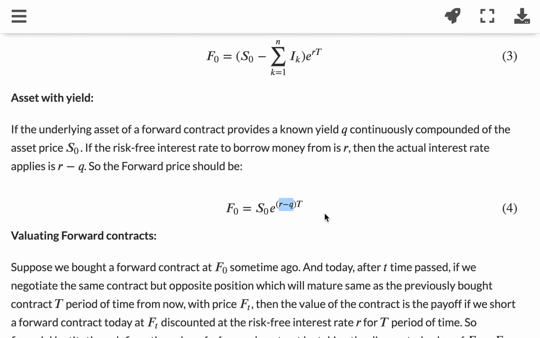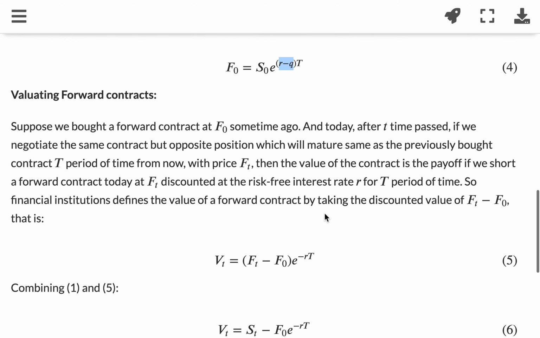It's just that the interest rate you borrow at should be reduced by the interest rate you gain from the underlying asset.